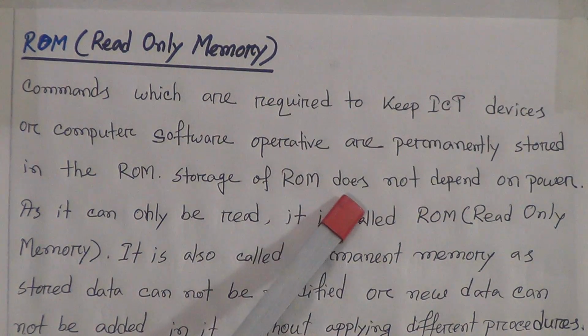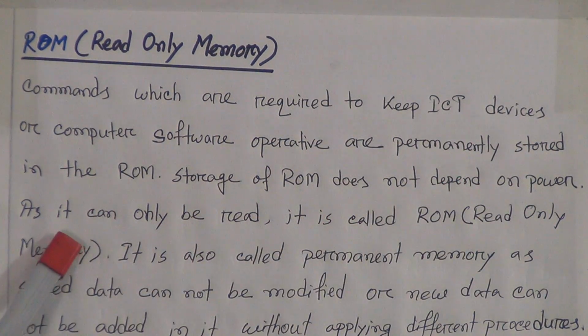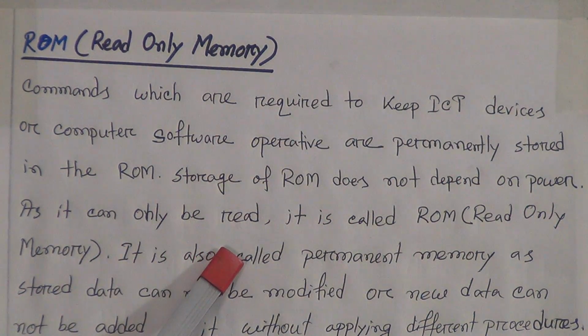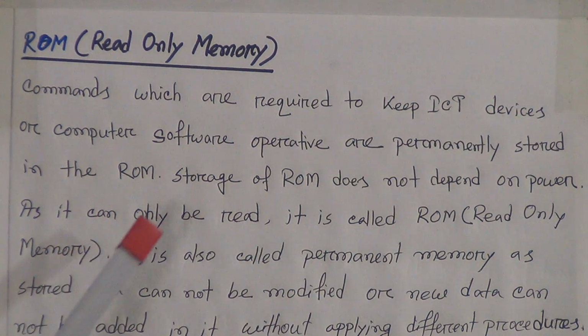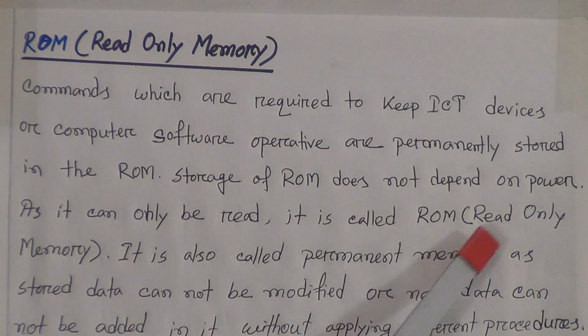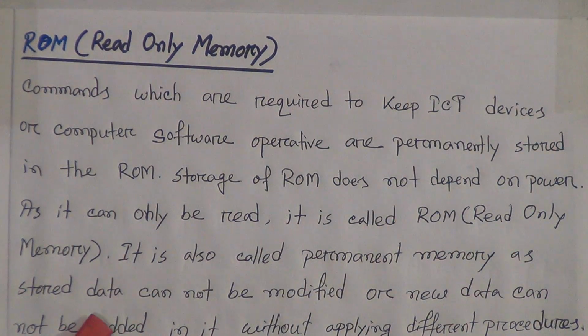Storage of ROM does not depend on power as it can only be read. It is called ROM or read-only memory. It is also called permanent memory, as stored data cannot be modified or new data cannot be added in it without applying different procedures.